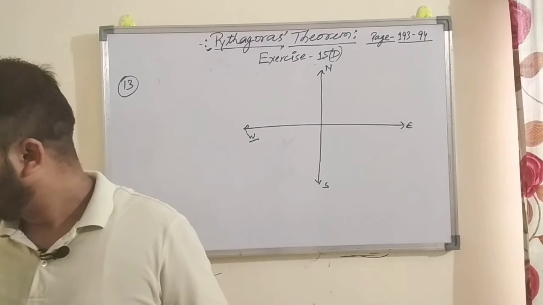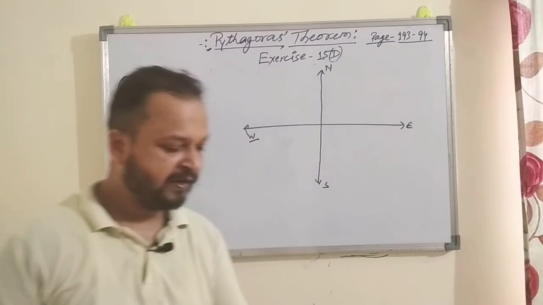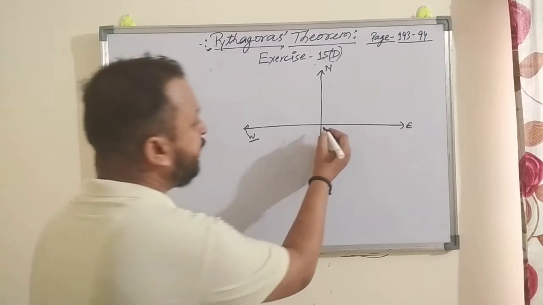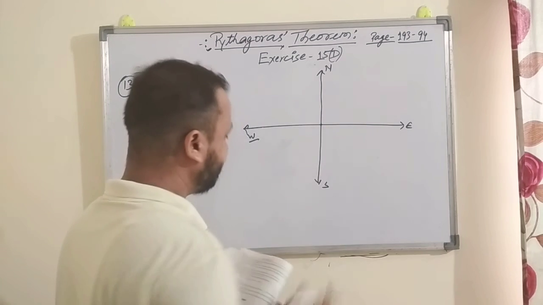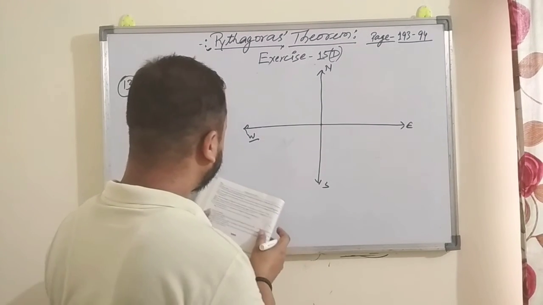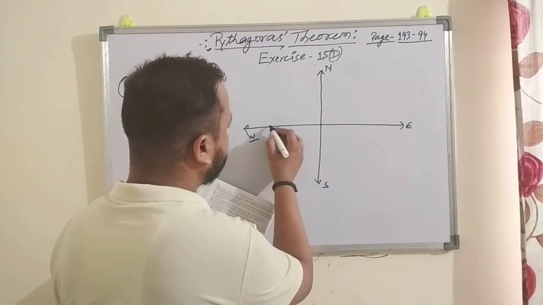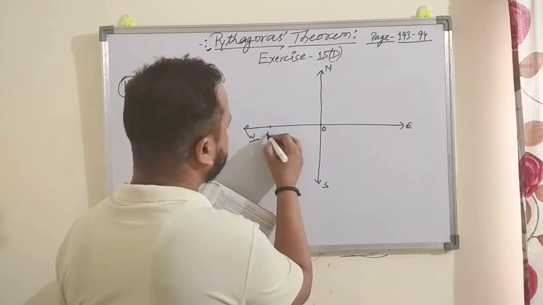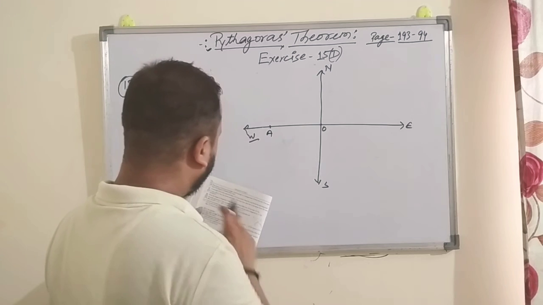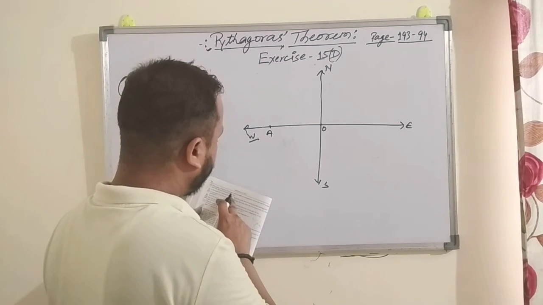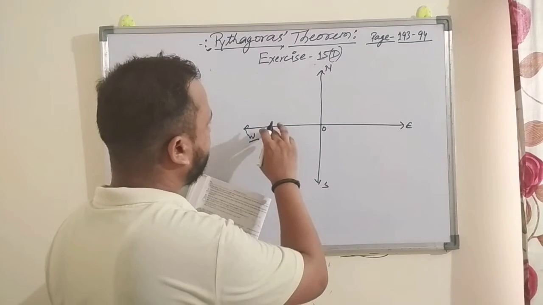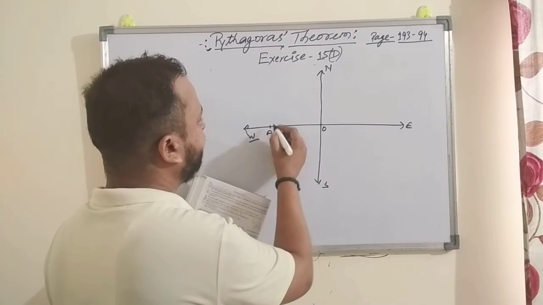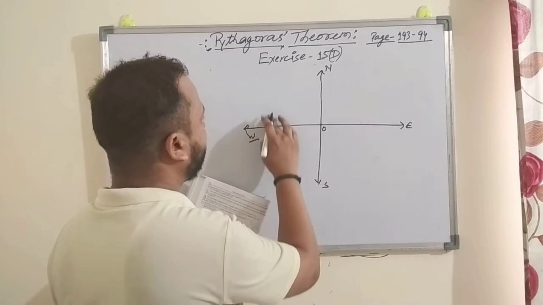So a man goes 35 meters due west, so this is the origin point. Here the man is, he goes 35 meters to the west. Suppose he reaches here, suppose this is O, this is A, and then 12 meters due north.